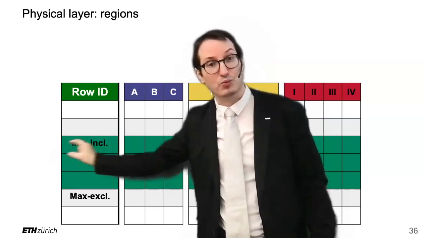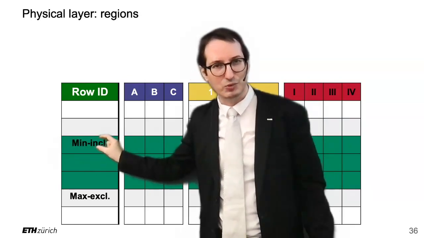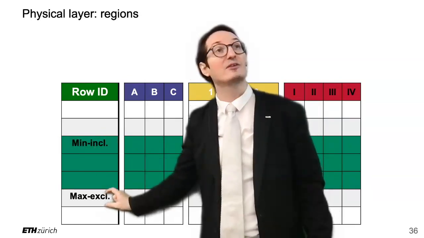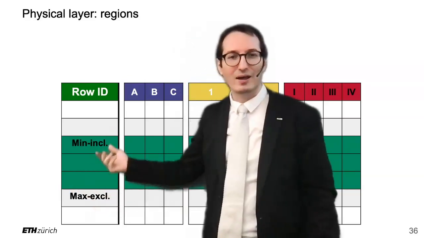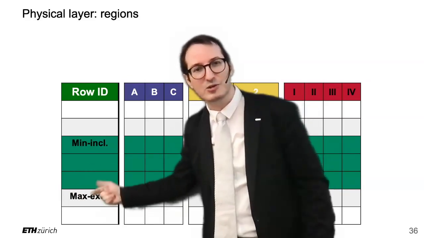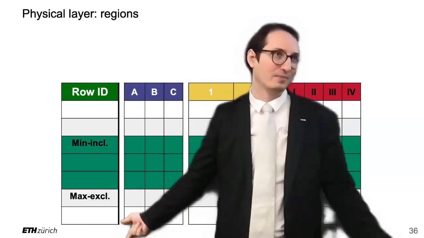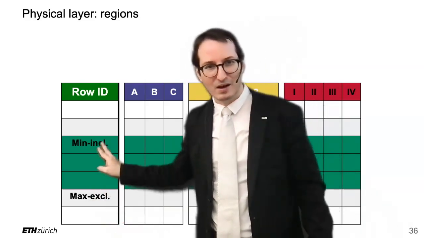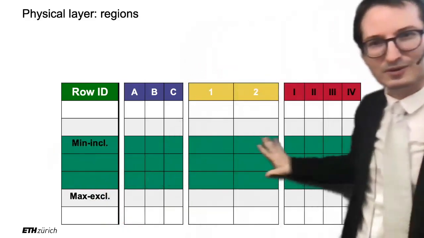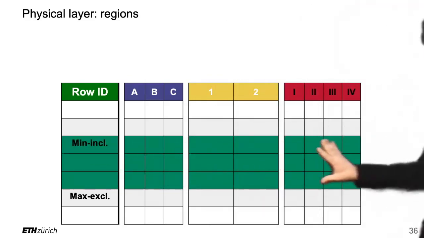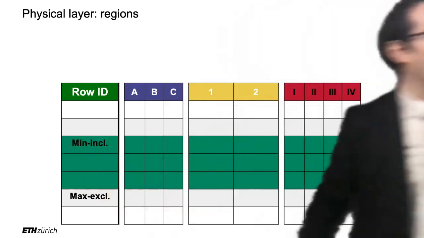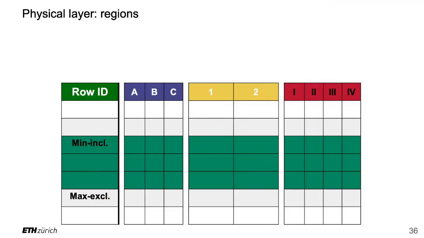So this is really the first one that is in this interval, in this region, and the max exclusive, meaning that it's not the last one, but it's the one after that. Why? Because then the max exclusive is the same as the min inclusive of the next one. So this is the main idea. So this is called a region. So this is the horizontal partitioning of the table in regions. You can have a lot of regions. You can have thousands of regions, even more than that.